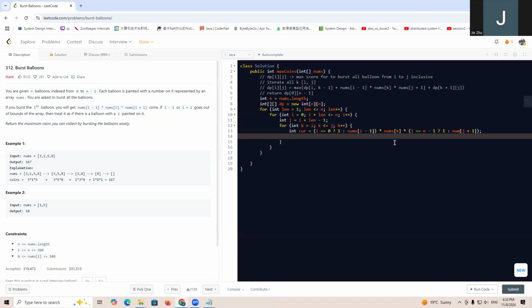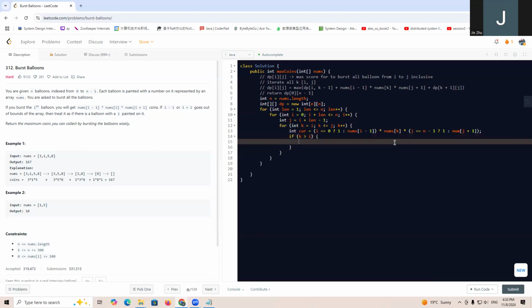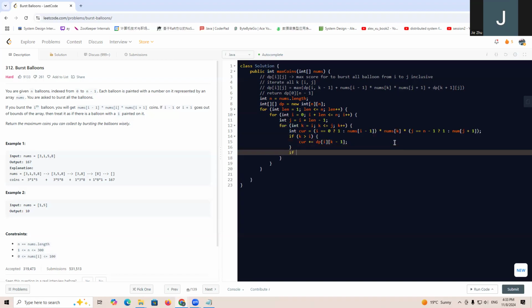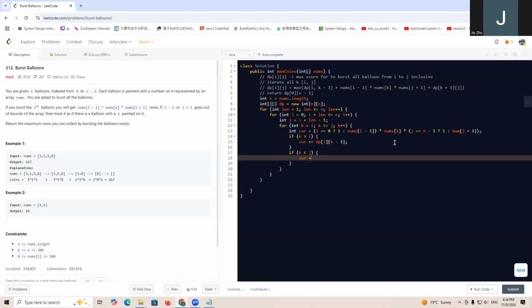And also, we'll see the left part. If k is greater than i, that means k doesn't equal i, then we have the left part. We have current plus equals dp[i][k - 1]. And if k is smaller than j, we have current plus equals dp[k + 1][j].